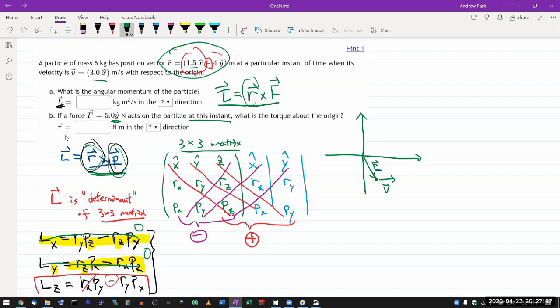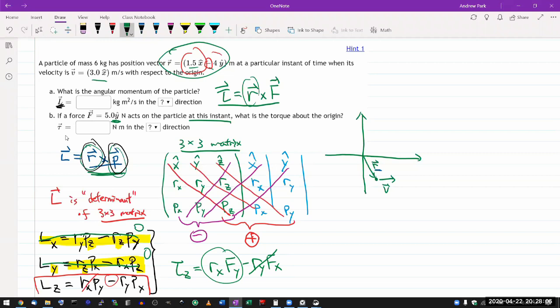And when you get to the Z component here, the Z component of torque is going to be Rx Fy minus Ry Fx, and the non-existent X component of force makes this go away, so you're just dealing with this. So it's going to be 1.5, the x component, times the force 5.